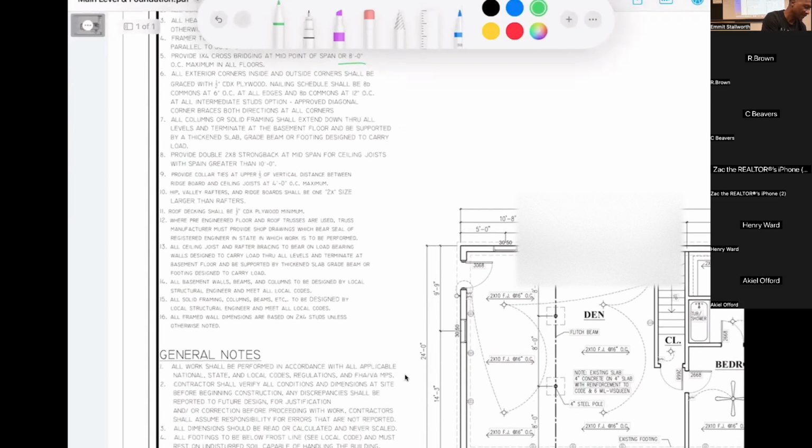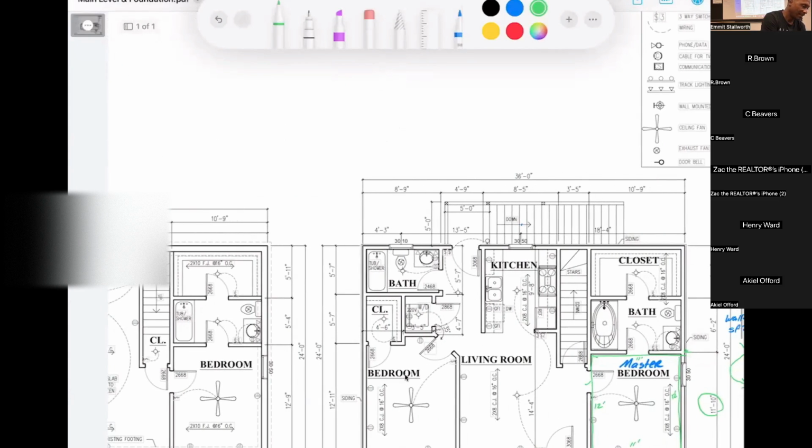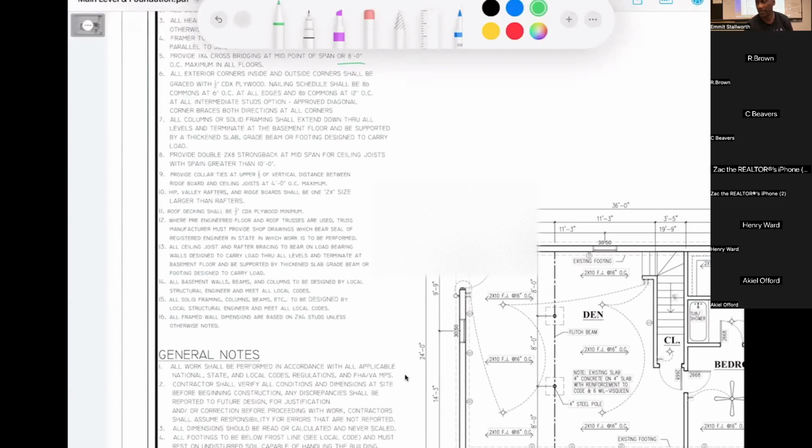I'm just gonna say, let's just say 8 feet. Oh, you know where I can find the height? Let's go backwards.